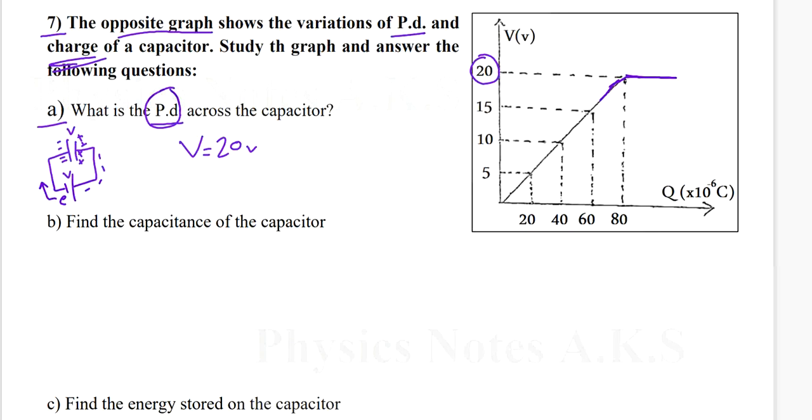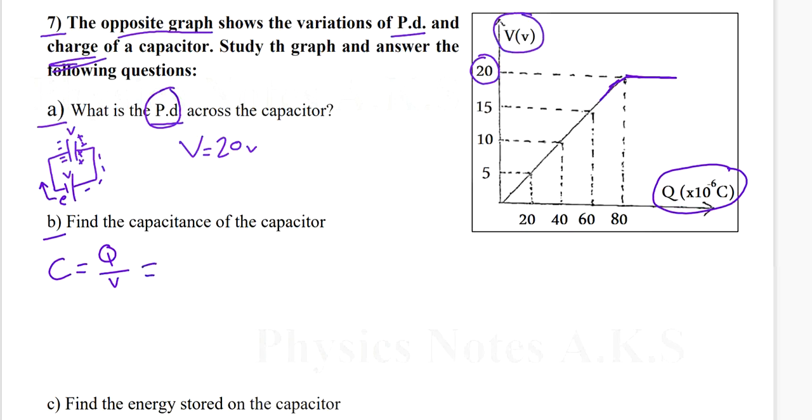Now find the capacitance of the capacitor. We know that capacitance is equal to charge over voltage. Notice here in the graph, charge is on the x-axis and the voltage or potential difference is on the y-axis.